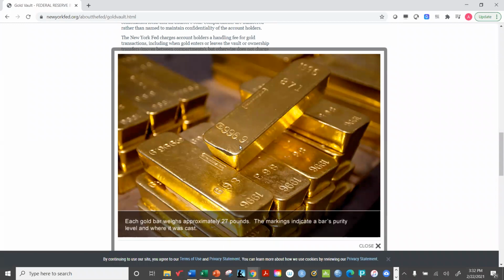Each bar, as small as it looks, weighs something like 27 pounds, so the workers have to wear titanium shoes, because if that fell on your foot, you'd be in the hospital for quite a while. Each one is marked, and it has serial numbers on it, but it doesn't tell you who it belongs to. Now, the lockers themselves, if you do go down there, they will not tell you which locker belongs to which country.